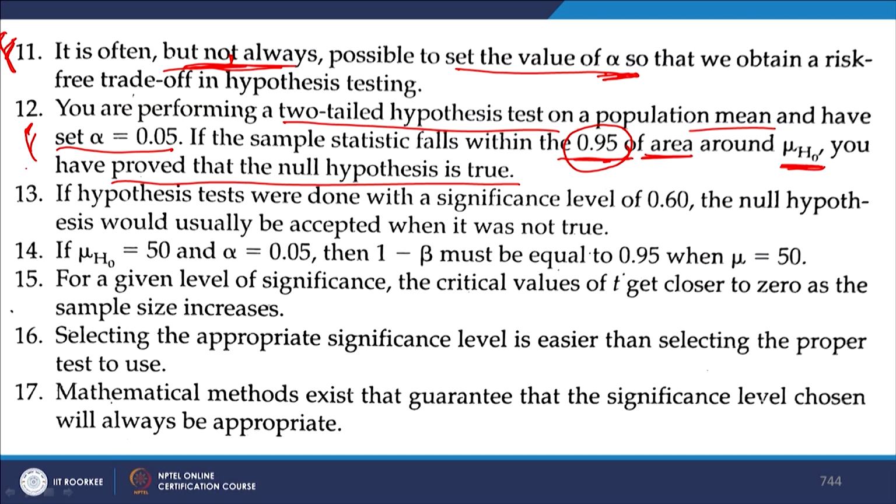In fact, you can prepare a distribution for this question and then draw your rejection region and non-rejection region. It is not about 0.95 of the area; the sample statistic has to fall within the critical limits.